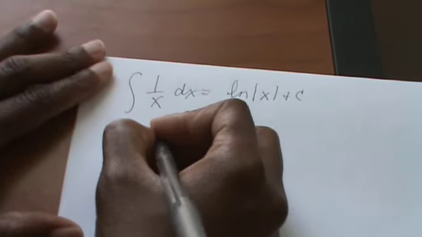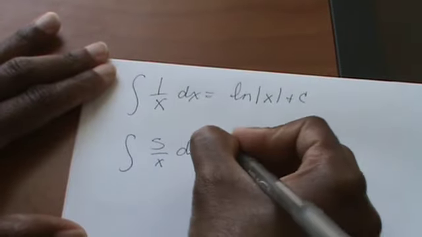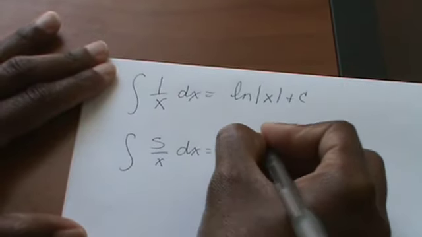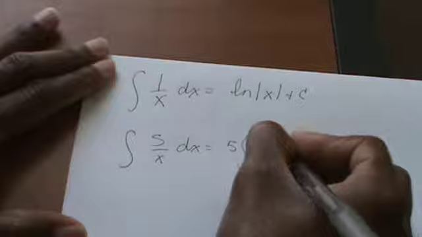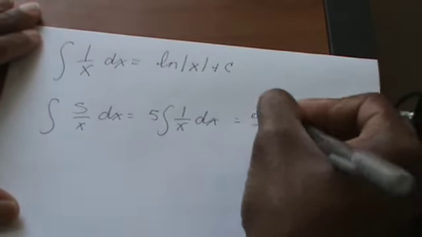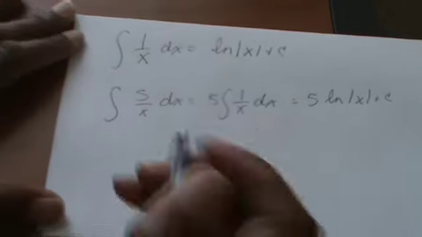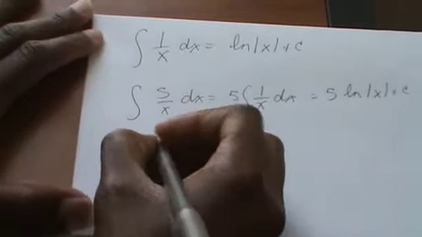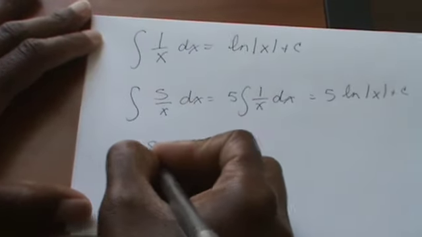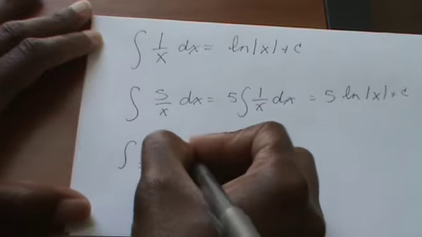So the integral of 5 over x dx, let's rewrite this as 5 times the integral of 1 over x dx. So this equals 5 times the natural log of the absolute value of x plus c. Okay? I could put a fraction in there, the integral of 8 over 27x in the denominator, dx.